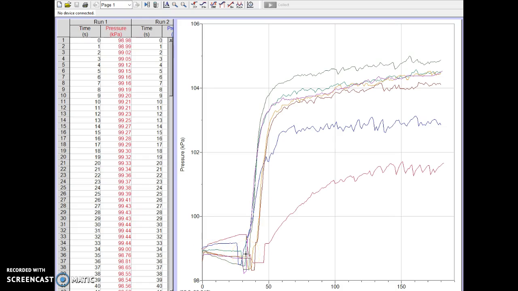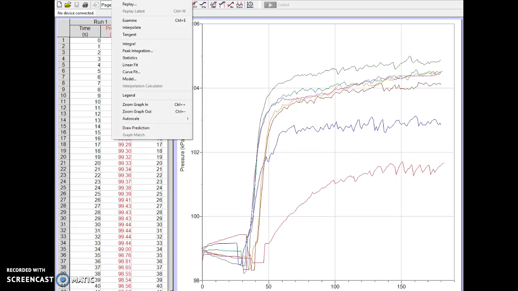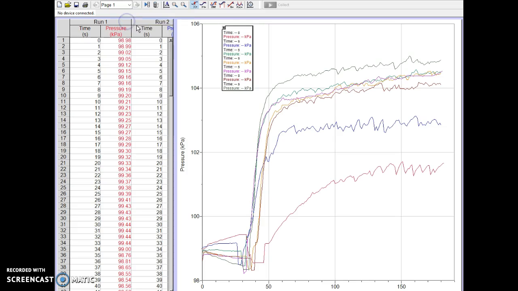What you want to measure is the pressure increase. And so the pressure increases. It's not linear, but it's a good increase here. And what you're looking for is the level pressure. What does it level out at? Now you can do that with the tool that's provided to you in the Analyze, Examine.